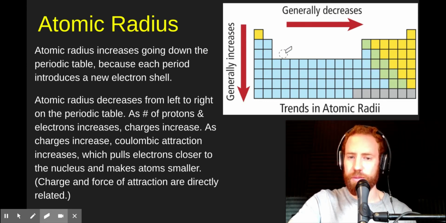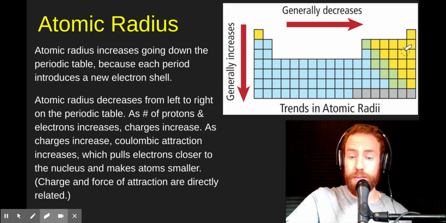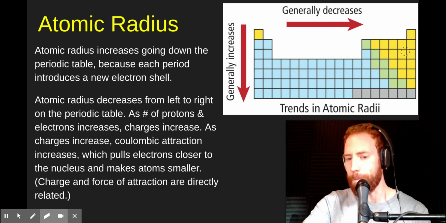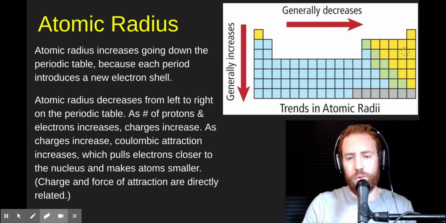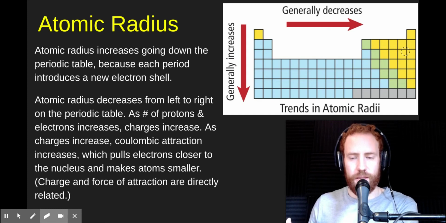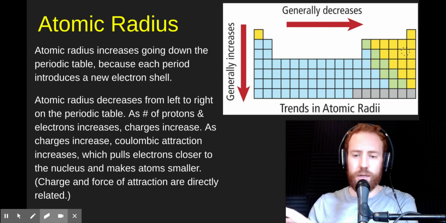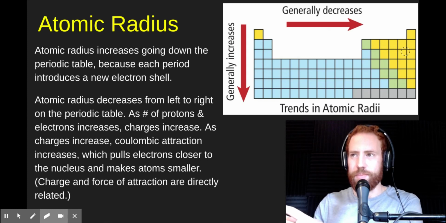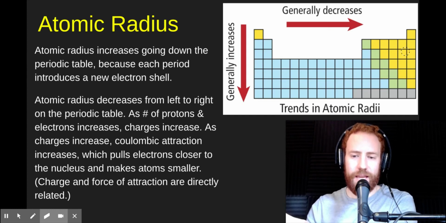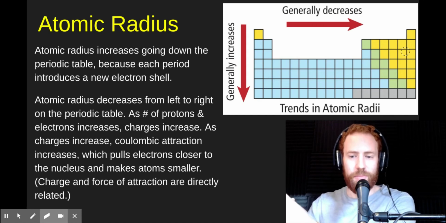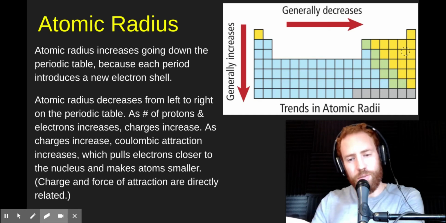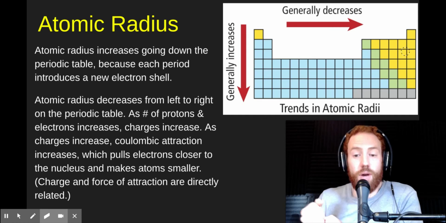Because as you go from left to right across the periodic table, yes, you are gaining technically more mass and you're gaining more particles in those elements, but you're also increasing the electrical interaction between those elements. So as you go from left to right and you gain more, for example, protons in the nucleus, you are increasing the positive charge of that nucleus, the magnetic property of that electrically charged nucleus. And so with more magnetism, with more positive charge, that nucleus is going to pull electrons more strongly towards it.